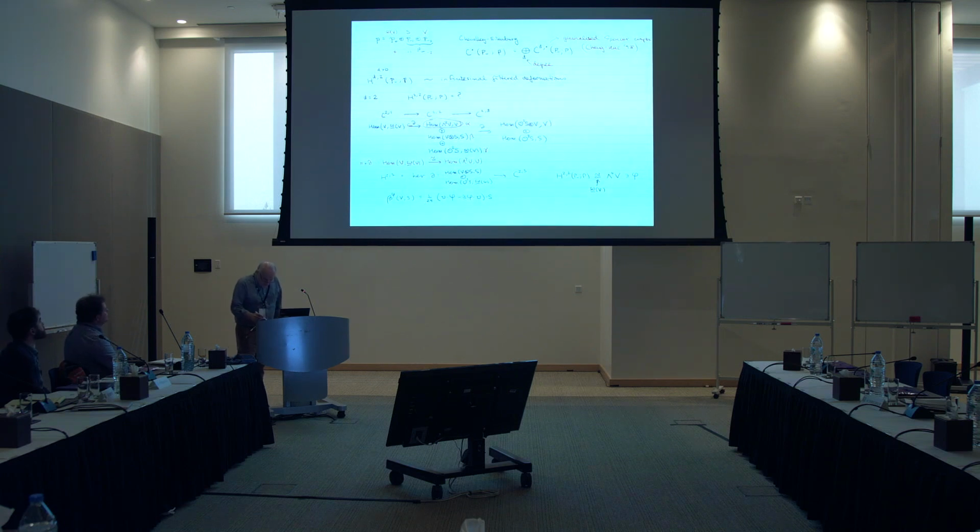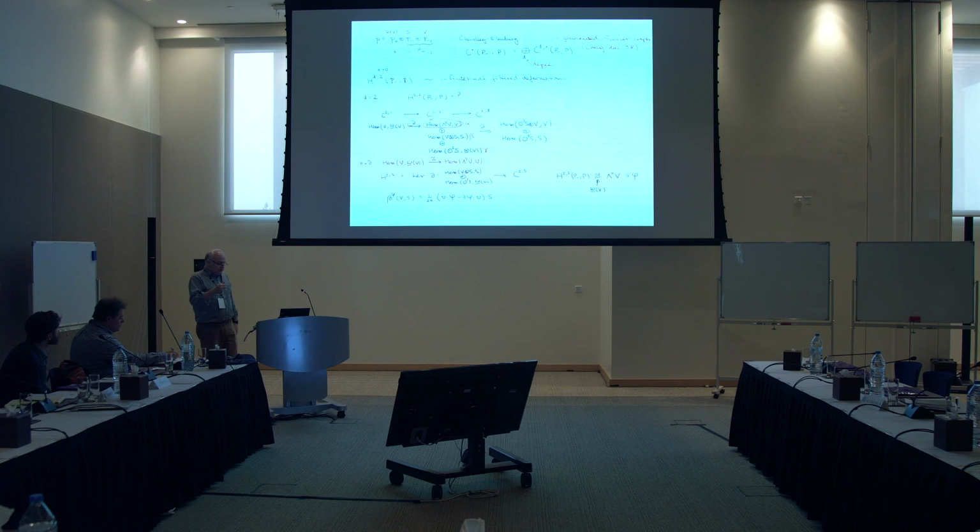Suppose you don't normalize the cocycle. What happens if you add alpha? All that happens is that it's like adding torsion to the spin connection while keeping it a metric connection.